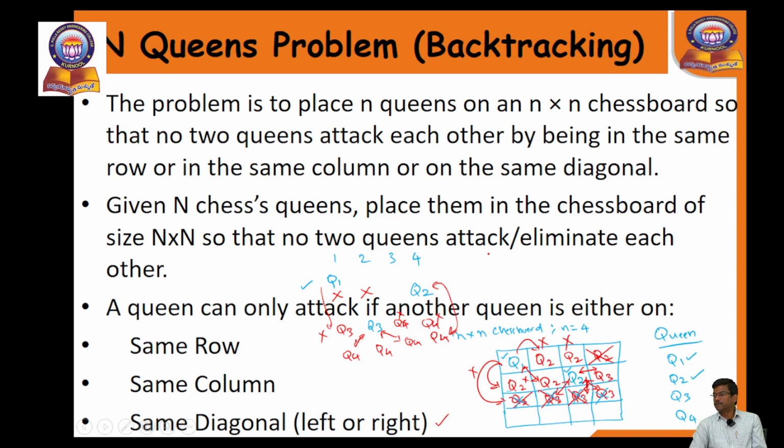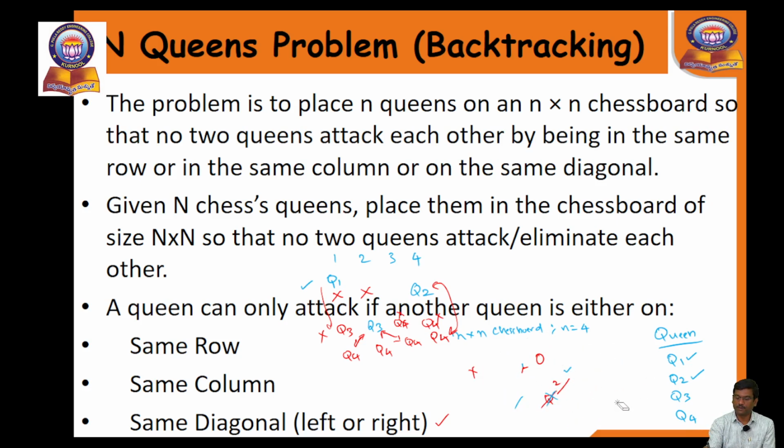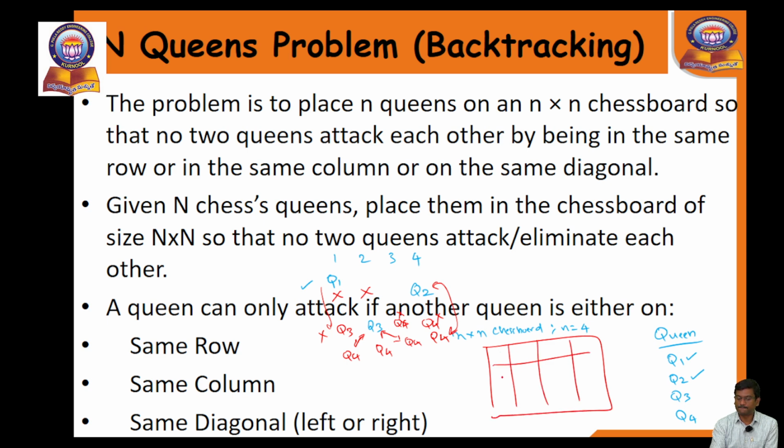You can interpret in such a way that if I place queen 1 in the 1-1, that is first row and similarly first column, here, if you consider the chessboard, I cannot place queen 2 here.